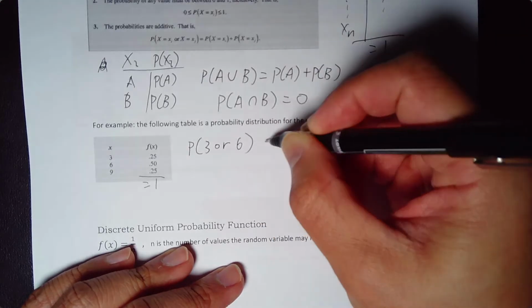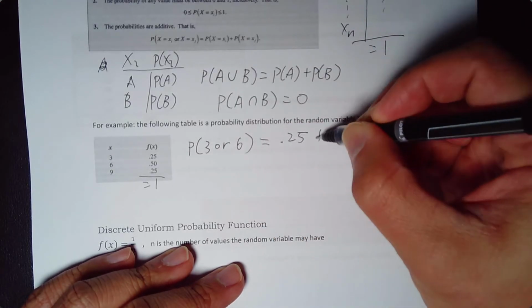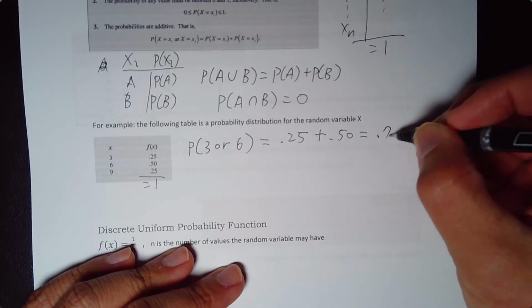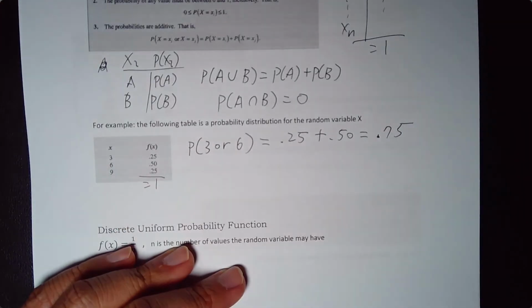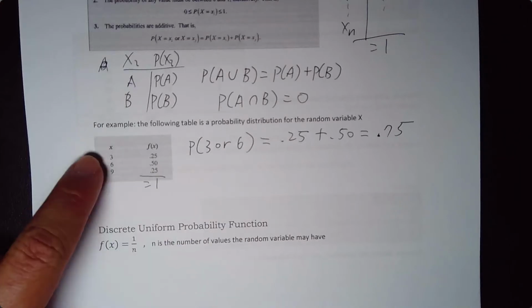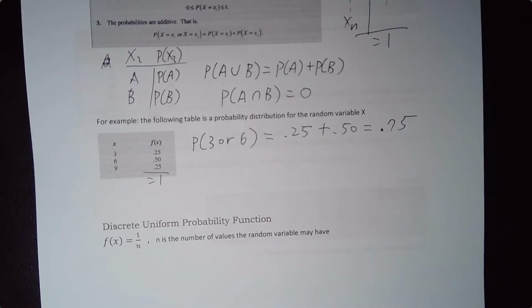How do I get that? I just add up 0.25 plus 0.5, which means 0.75. If I select one of the outcomes at random, what's the probability that I get a 3 or a 6? Well, it's 0.75.